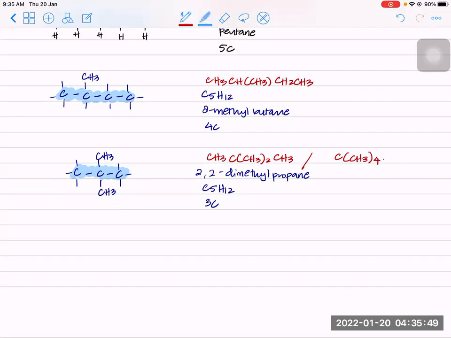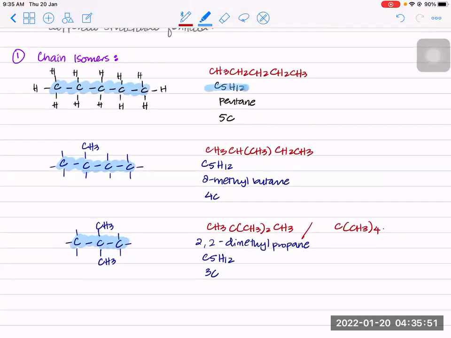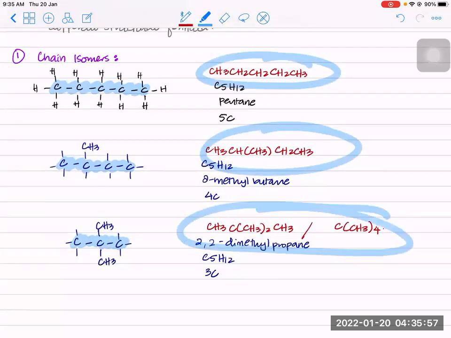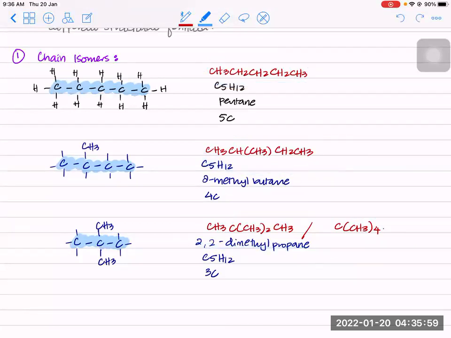Again, you see, for all of these, the molecular formula is the same. But what is different? The structural formula. And why is it different? Because of the chain. Therefore, they are chain isomers of each other. Is this clear?